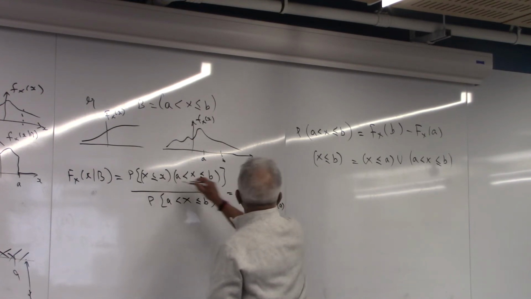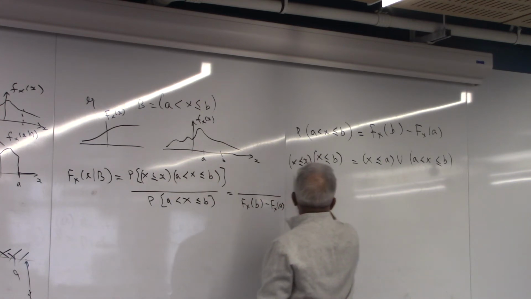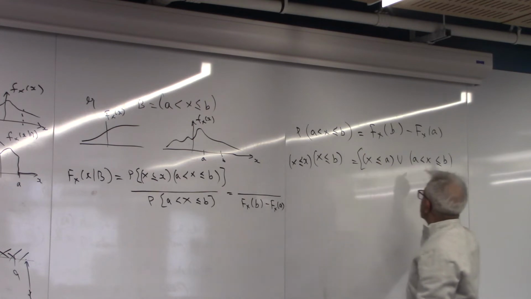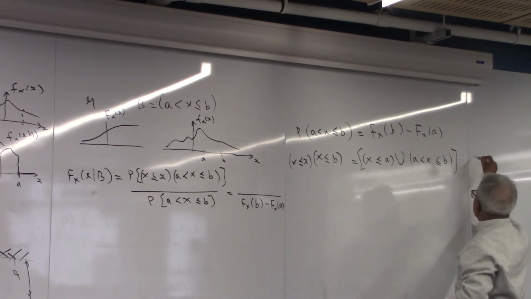And to simplify the numerator, I'm going to intersect here with X less than or equal to x. So I should do it on the right side also. X less than or equal to x intersection.